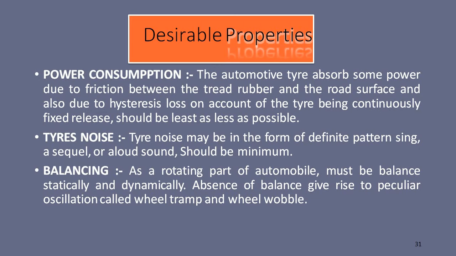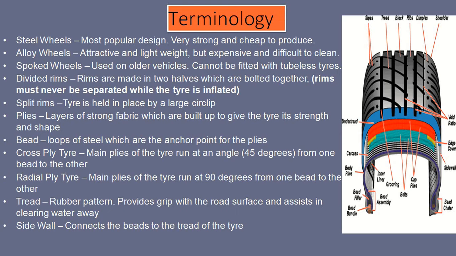Tire noise, which may be in the form of a definite pattern, a sing or swell, or a loud sound, should be minimum. Balancing: as a rotating part of the automobile, the tire must be balanced statically and dynamically. Absence of balance gives rise to peculiar oscillations called wheel tramp and wheel wobble. So these are some desirable properties of the tires.